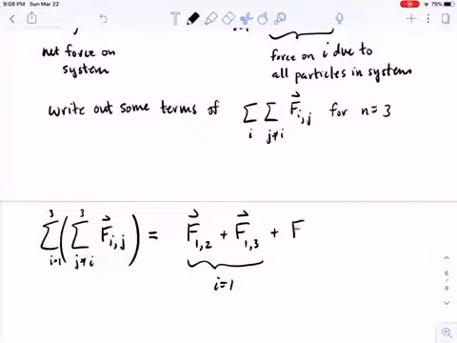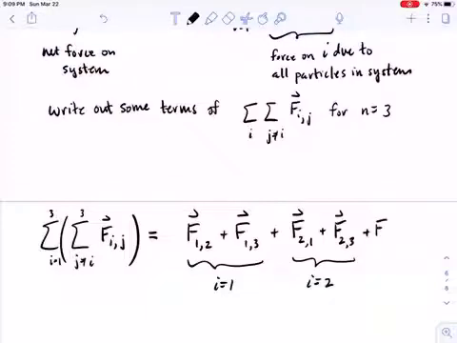And then we go, okay, i equals 2. And we restart the j sum from j equals 1. And then we have still i equals 2, but we can't have j equals 2, so we jump to j equals 3. These are the i equals 2 terms.